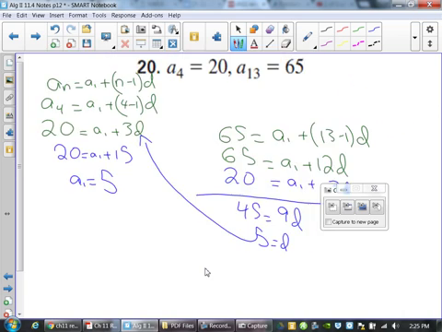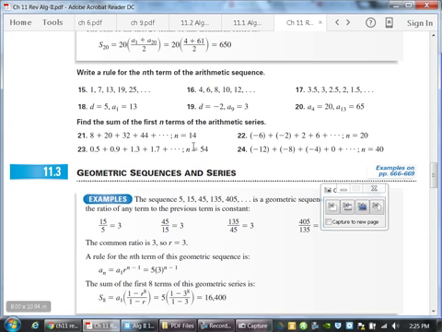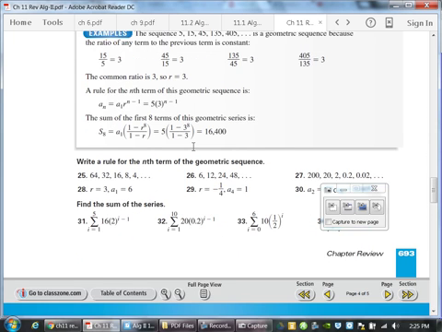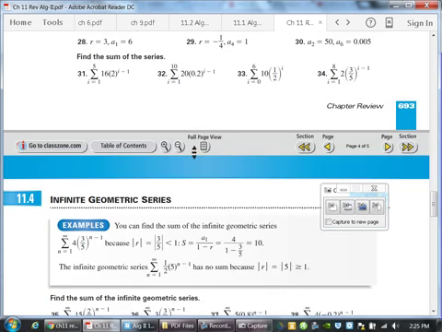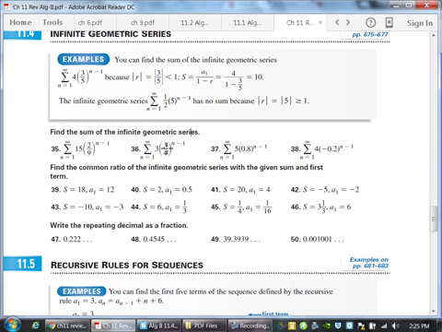Is there another specific style you want me to walk you through real quick? Yes, ma'am. Can we do one of the summation notation with the infinite, where you have to find a1 and then r? Like one of these? Yeah, one of those.